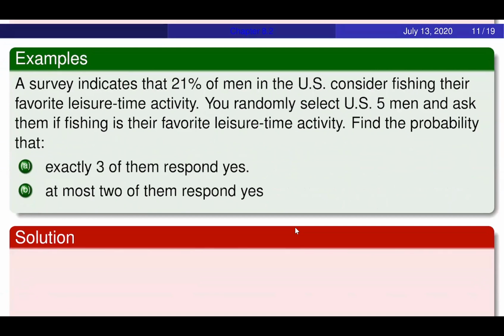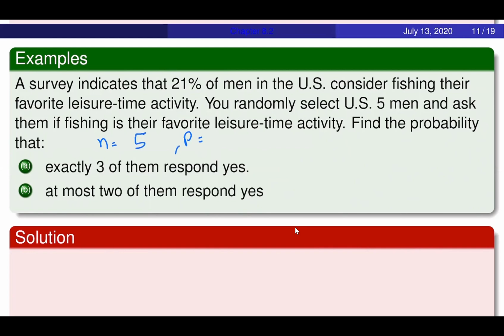All right, so before we get to A and B, we're going to say what's our N and what's our P. So for this one, what would be our N value? Five. There we go, 5.